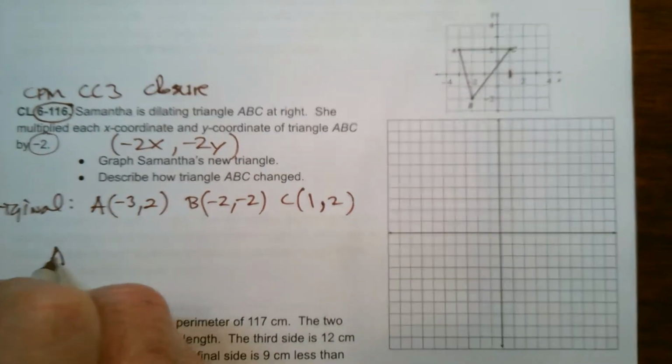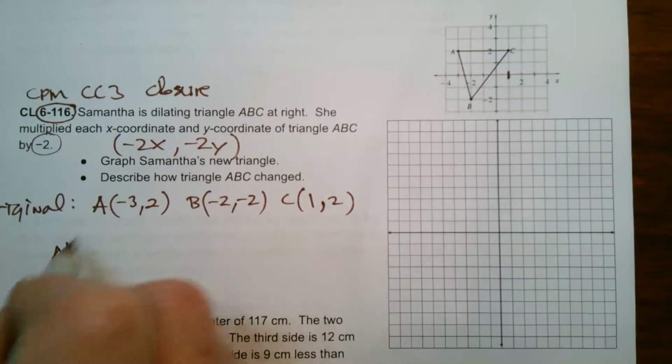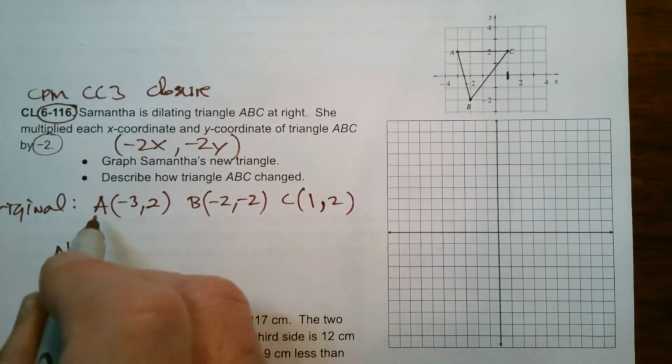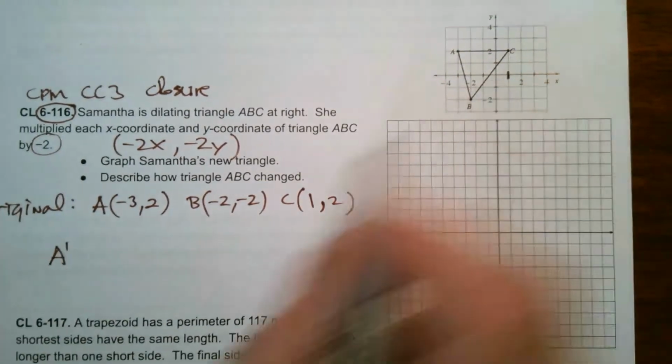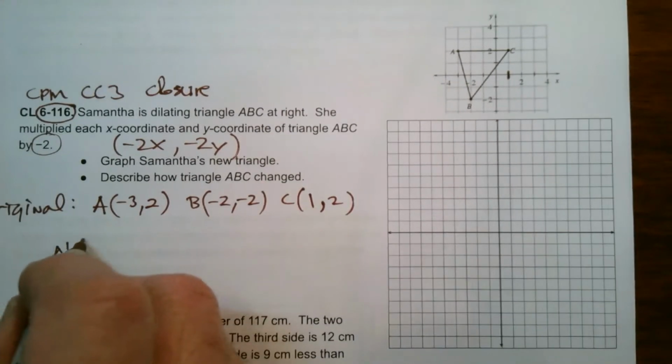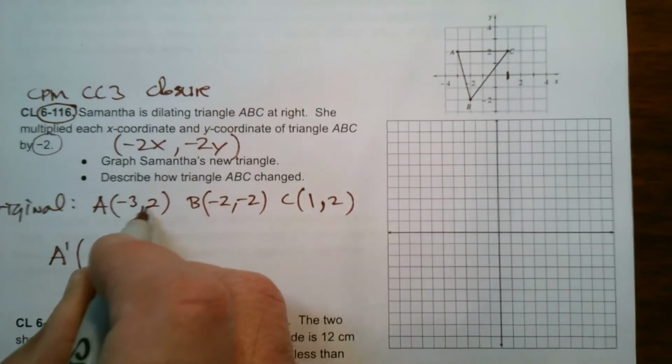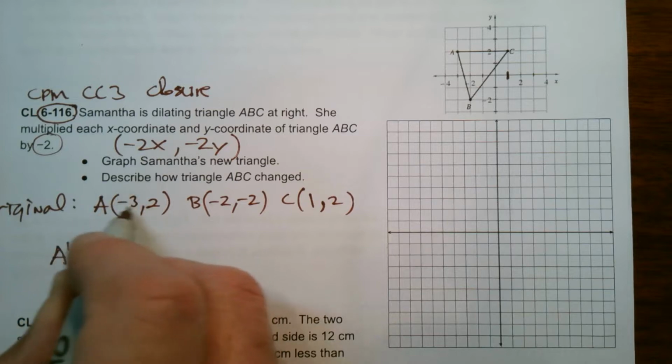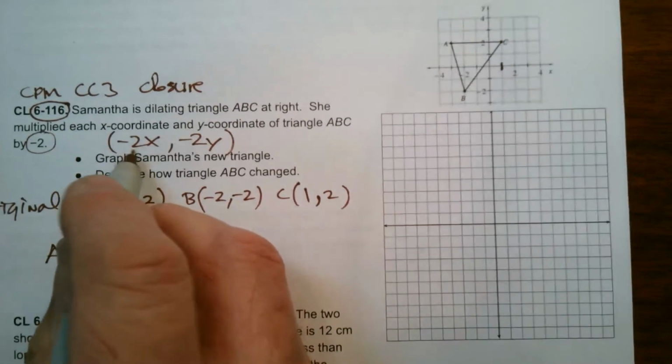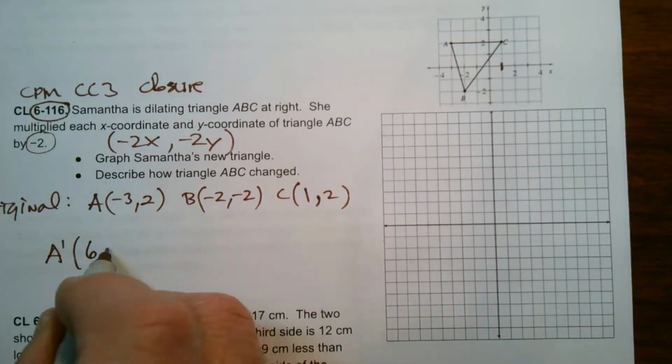So my A prime, right? We always signify a transformation of something by using primes. So A prime, multiply that by -2. -2 times -3 is +6. -2 times the 2 is -4.